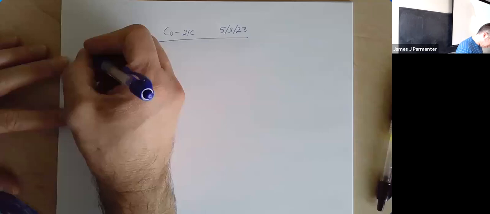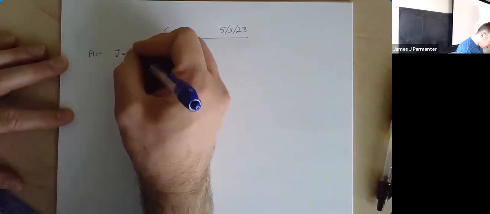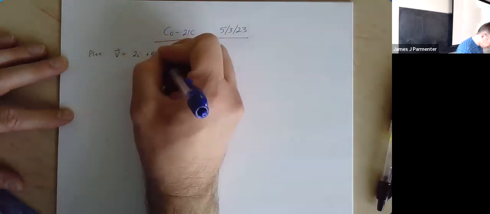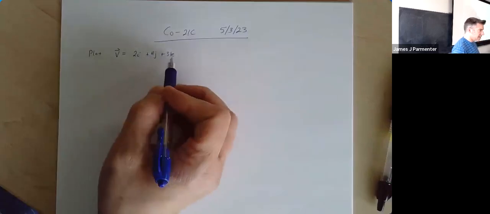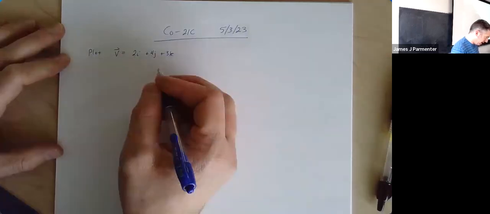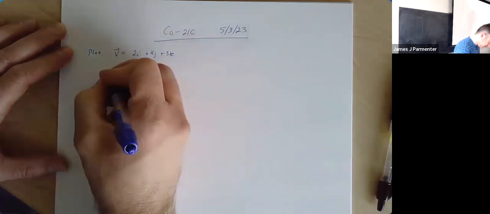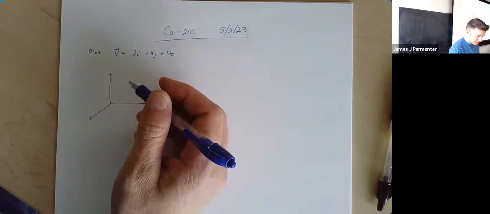So today let's talk about vectors. Let's say we want to plot the vector v equal to 2i plus 4j plus 3k. Pretty standard notation. When you're talking about i, j, and k, you're just talking about how much in the x, y, and z directions. If I was plotting this vector in the three-dimensional coordinate system, I would really just be plotting the point 2, 4, 3 to start off with.